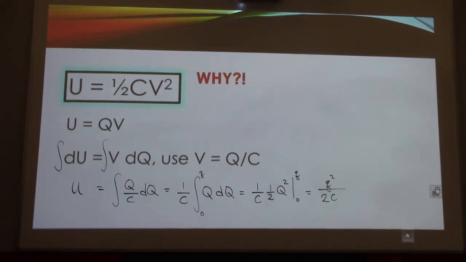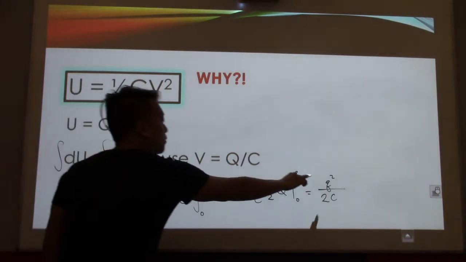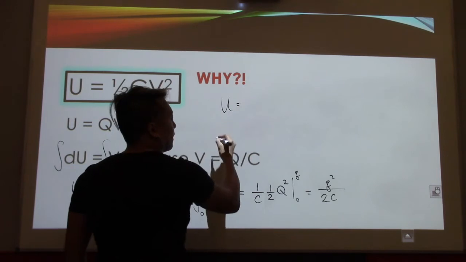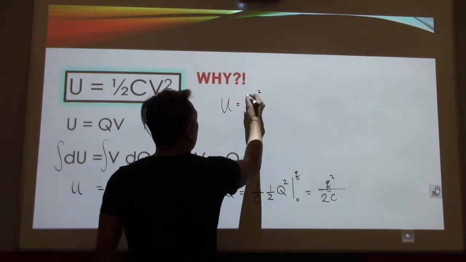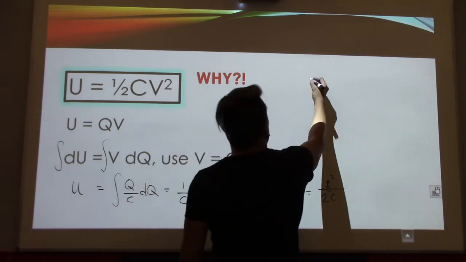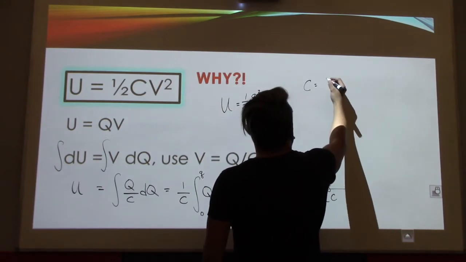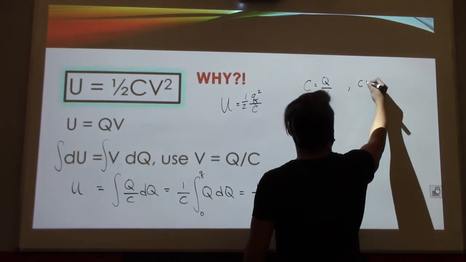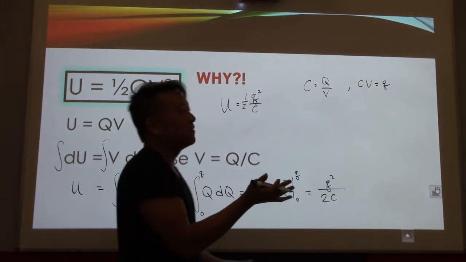All right, now, we're not quite there. We want CV squared, and we have Q squared over 2C. Well, that's the same thing if we rearrange it with the equation. So we have Q squared over 2C. So C equals Q over V. I want to find Q, so it's going to be CV equals Q. I'm just going to use capital, lowercase, doesn't really matter.